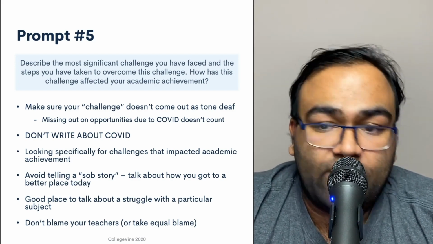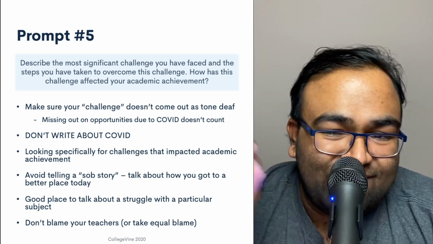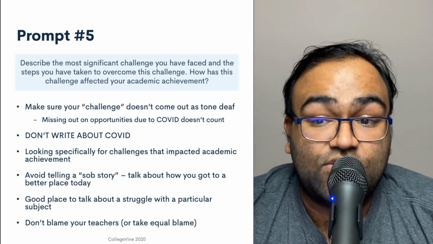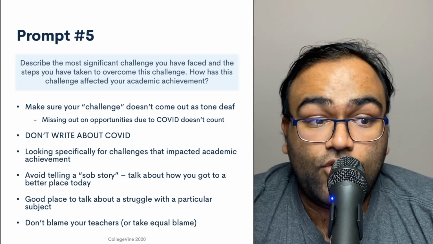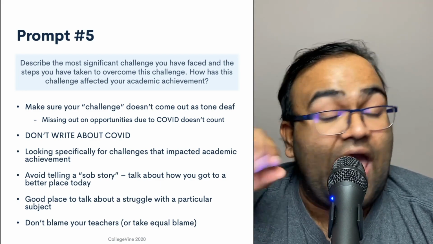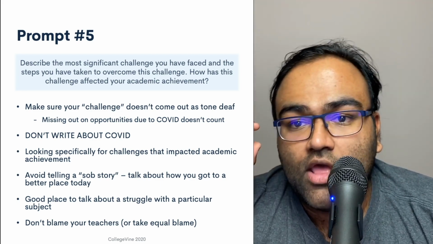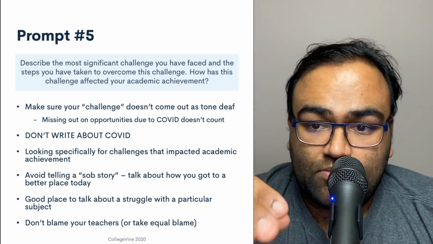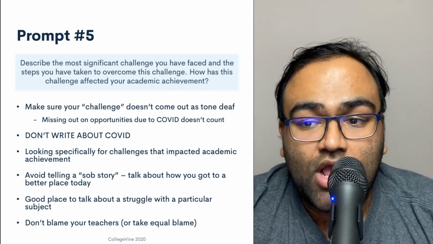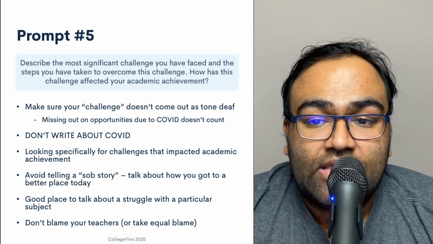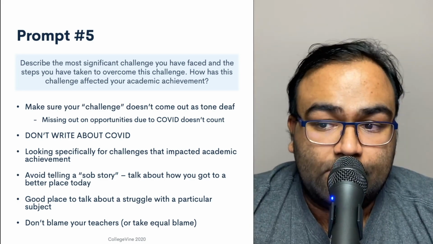So this is the challenge prompt. And then it specifically asks about how the challenge has affected your academic achievement. So you've got to be careful not to write about something that hasn't affected your academic achievement, or be thoughtful about that. It doesn't mean you can't do it, but you've got to be careful because it is asked in the prompt, and sometimes different readers will be more or less of a stickler about that.